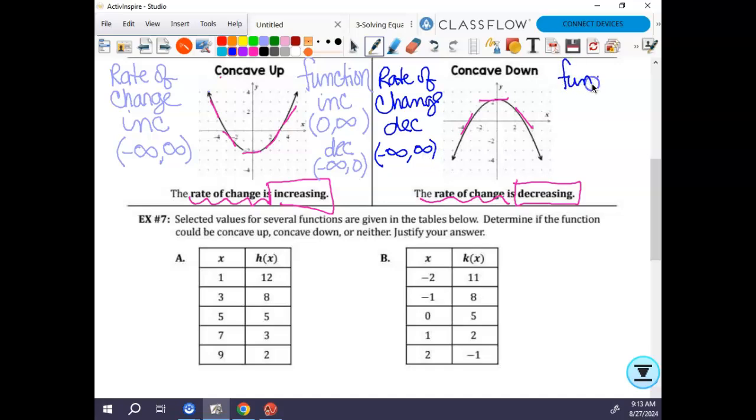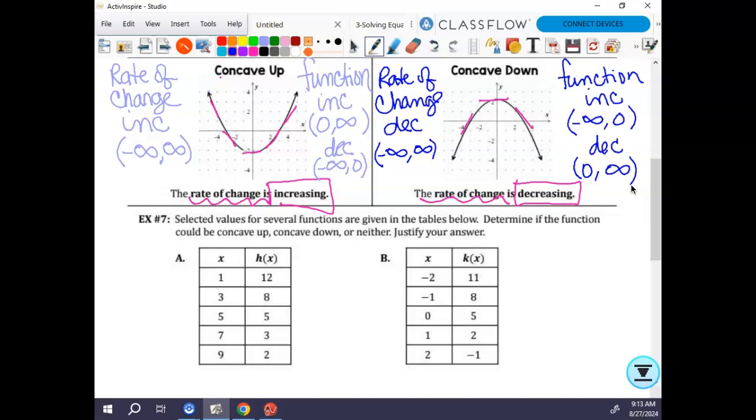The function here, when is the function increasing? Where does it start increasing? Negative infinity, and it goes to 0, and then it's decreasing 0 to infinity, right? Everybody okay with all that?